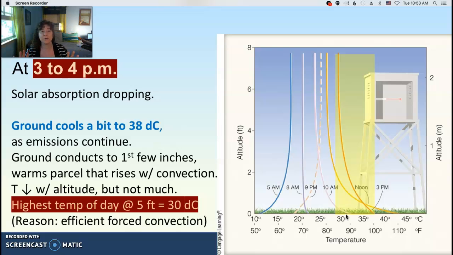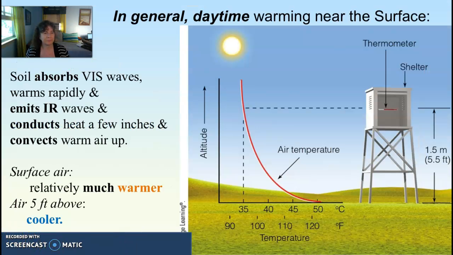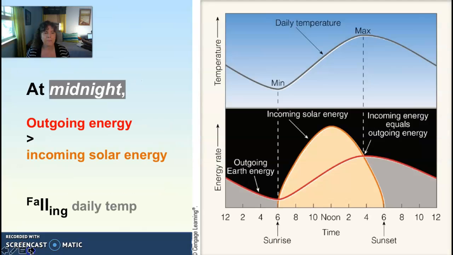It starts to send in winds that move that convection up, and you're seeing it in that altitude difference. So in general, daytime warming near the surface, and this warming that you see that's very dramatic here at the surface, tends to cool at station altitude and at the rest of the altitudes that you've noticed.